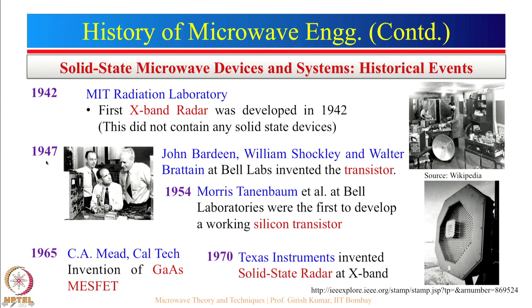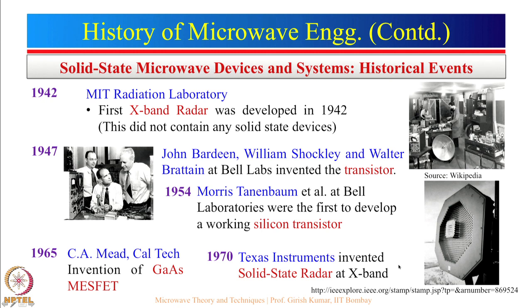It was in 1947 when Bell Labs invented the first transistor, and in 1954 Bell Labs developed the working silicon transistor. Later on, microwave gallium arsenide MESFETs were developed in 1965, and in 1970 the first solid state radar was demonstrated at X band.